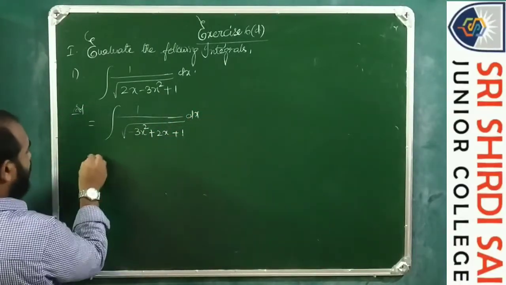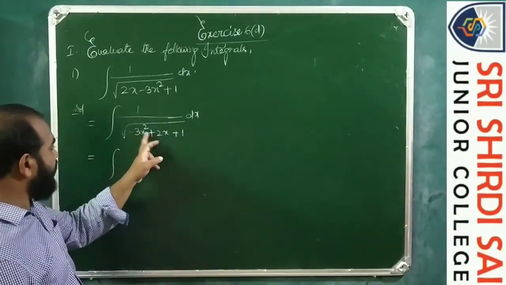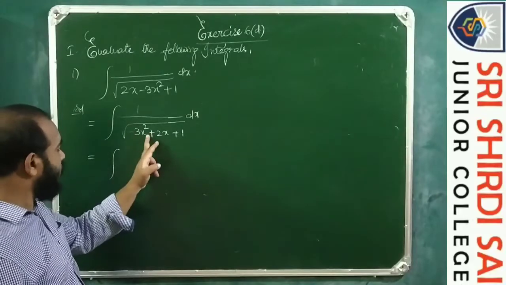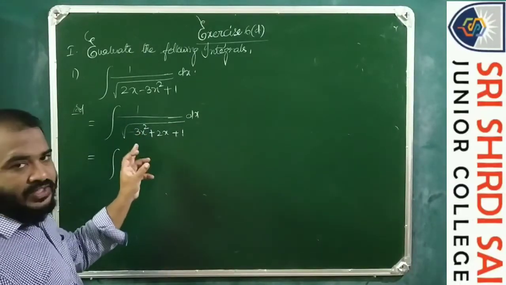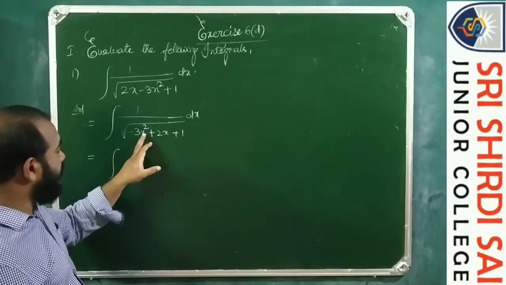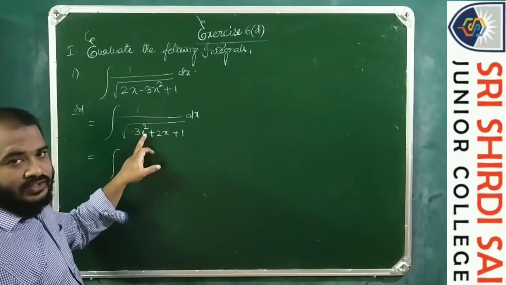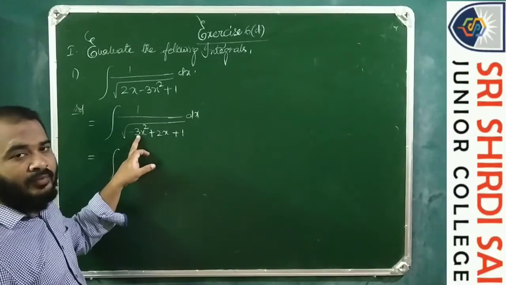Here the x square sign is negative and the x square coefficient is 3. So to convert this into either (a minus b) whole square or (a plus b) whole square, the sign of x square should be positive and the x square coefficient should be plus 1.